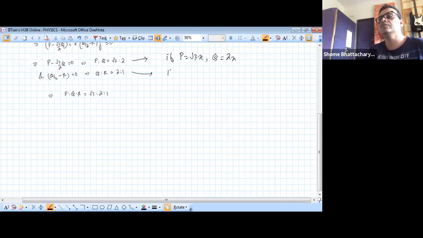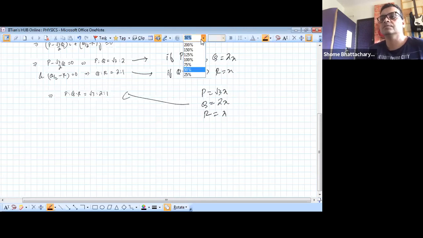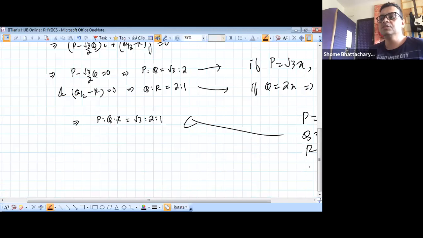And this statement says that if Q is equal to 2x, then R is equal to x. So you can take P as root 3x, Q is accordingly 2x, and then accordingly R is just x. So from that you can see the ratio is like this. So this is the simplest way of doing the question.